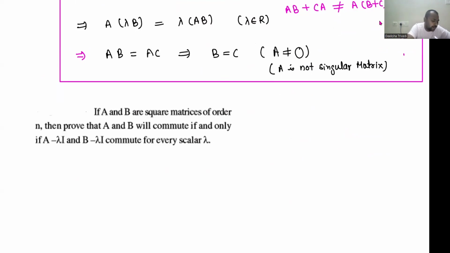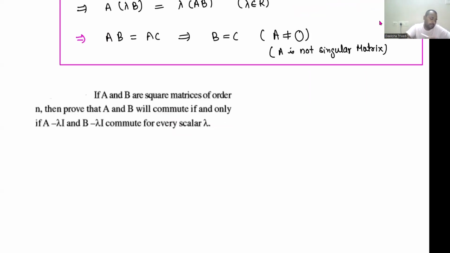Commute and commutative are the same thing. Correct? So the question is, A and B will commute if A minus lambda I and B minus lambda I will commute. Or we can say in reverse also. If A and B commute, then A minus lambda I and B minus lambda I also commute.